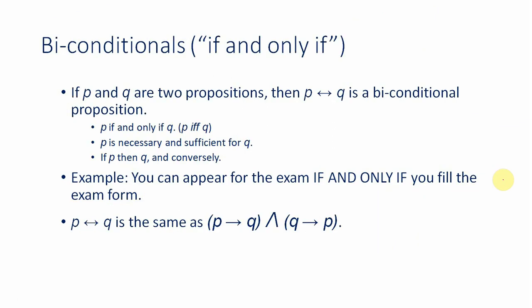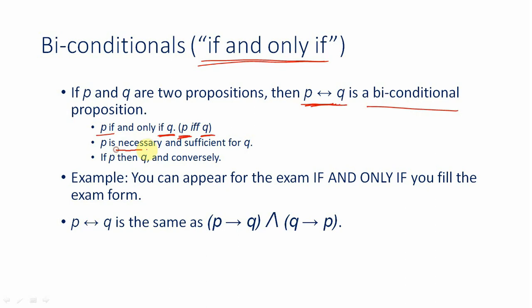We have the biconditional. The biconditional is essentially the if and only if proposition. If P and Q are two propositions, then P biconditional Q is called P if and only if Q. It is a biconditional proposition. P if and only if Q. Right?